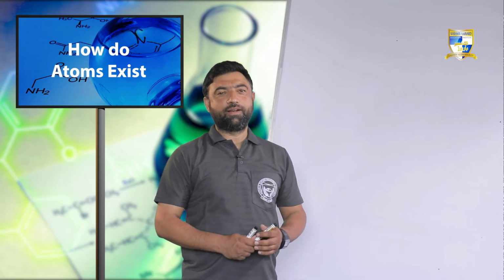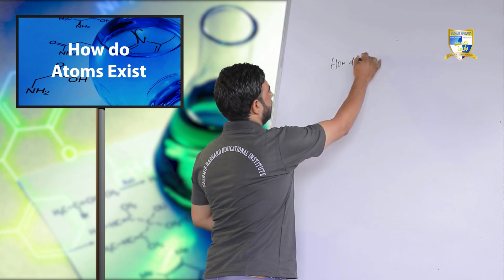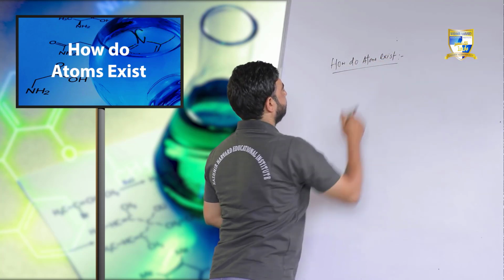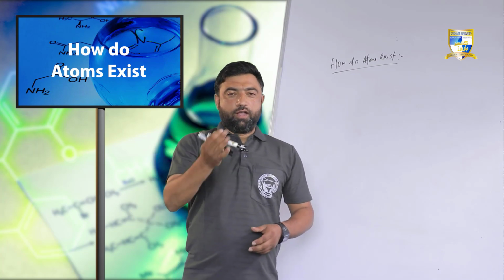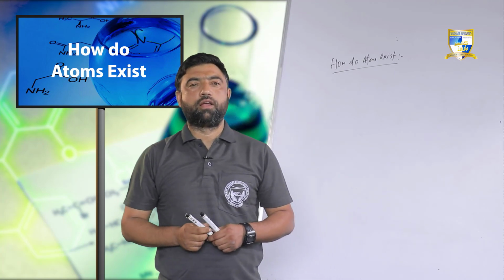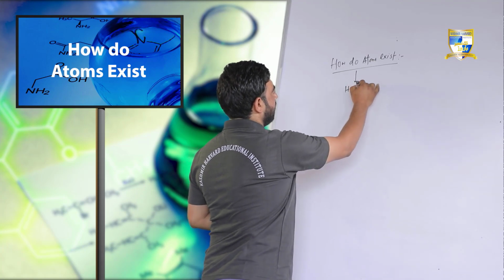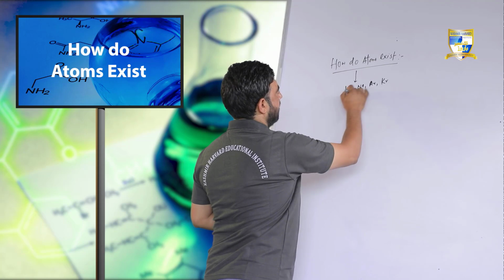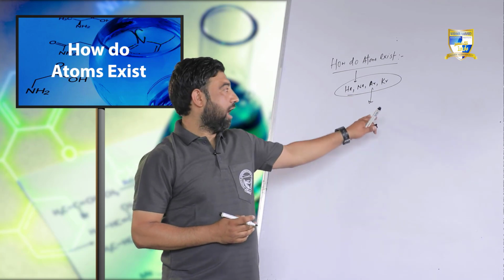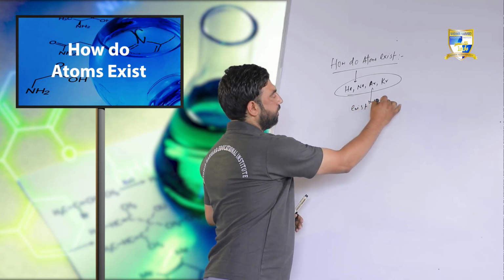Today I am going to discuss the topic, how do atoms exist? So my dear students, atoms of only a few elements, like noble gases like helium, neon, argon, krypton, etc. These are chemically unreactive and exist as free atoms or single atoms.